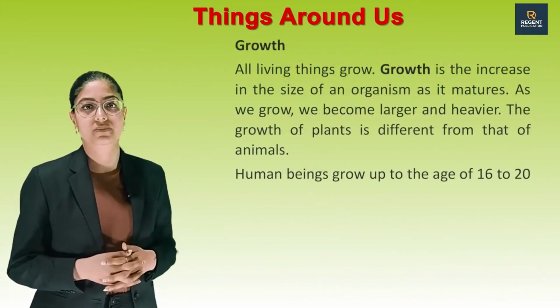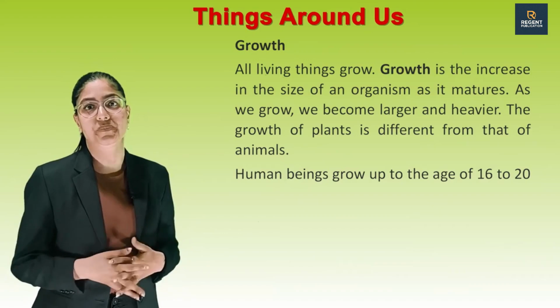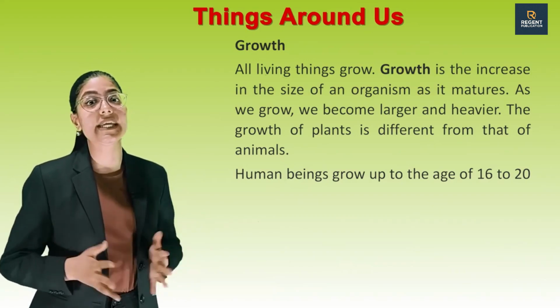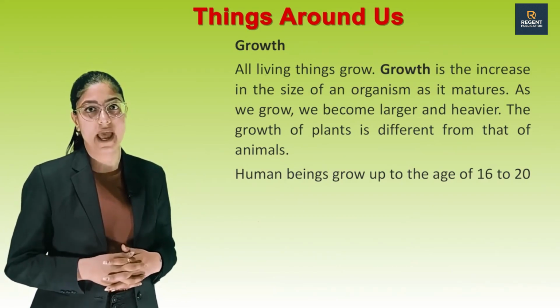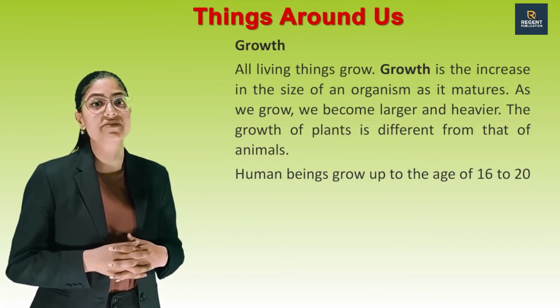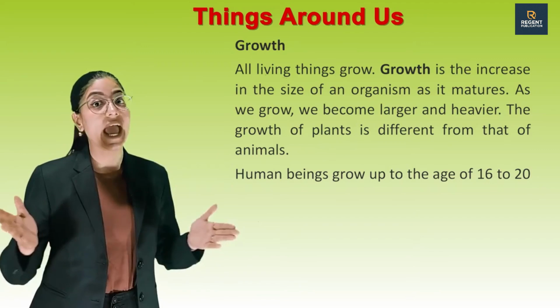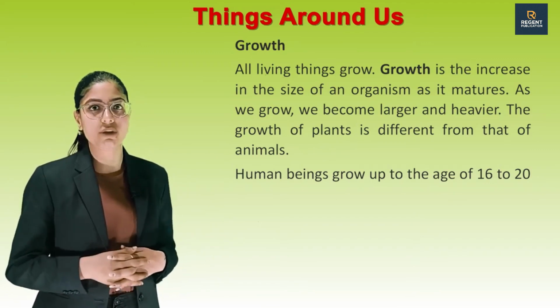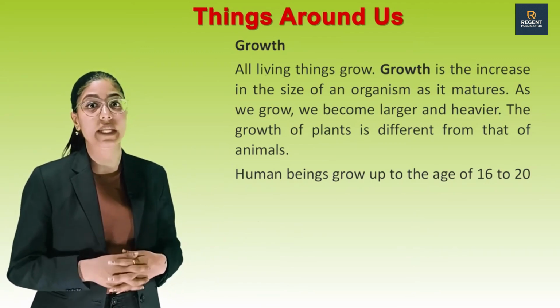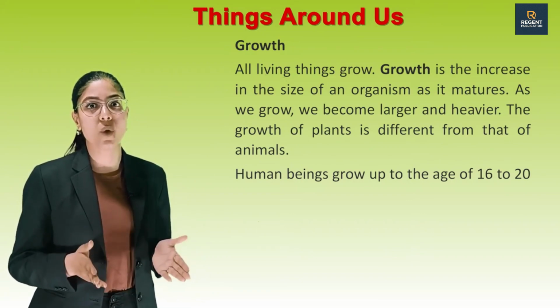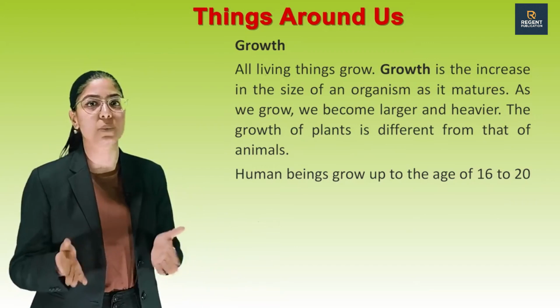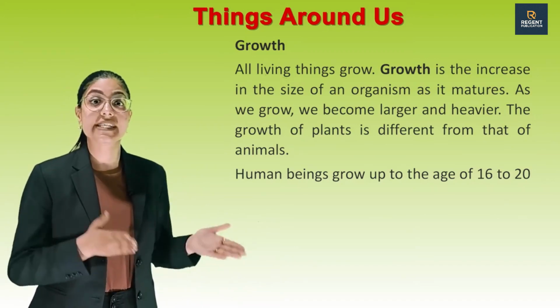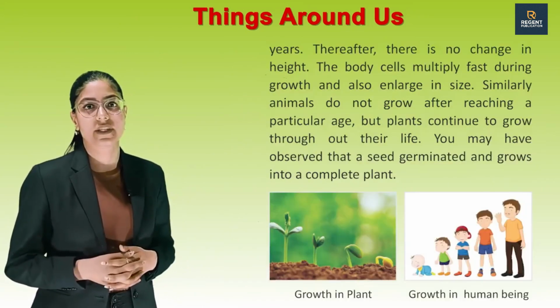Next is growth. All living things grow. Growth is the increase in size of an organism as it matures. As we grow, we become larger and heavier. The growth of plants is different from that of animals. Human beings grow up to the age of 16 to 20 years.